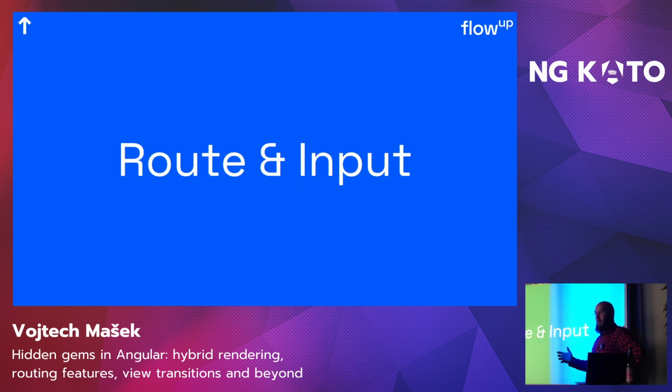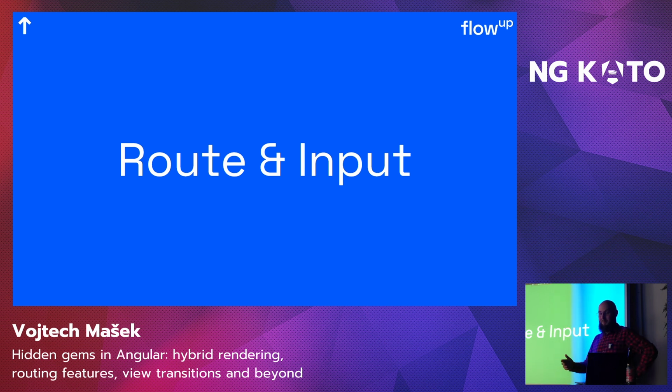Okay, who has been using query parameters in your applications? You obviously have the normal route parameters with the colon, and you also have query parameters. You use both. Good.